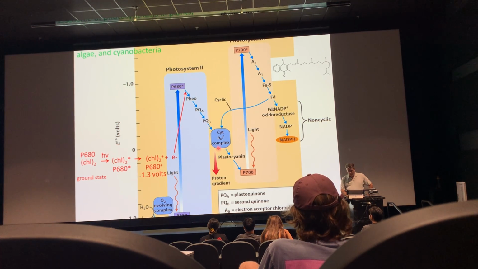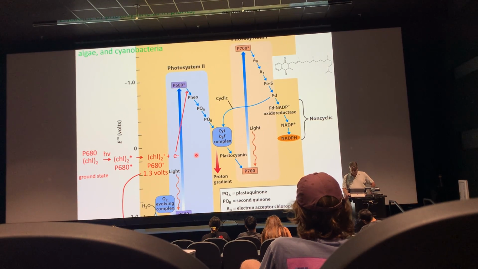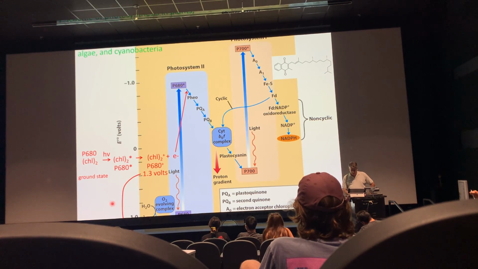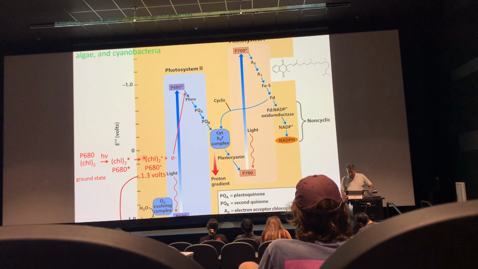I need you to know about cytochrome B6F, okay? All right. So this thing is way off scale here, way down there. There's two guys here.